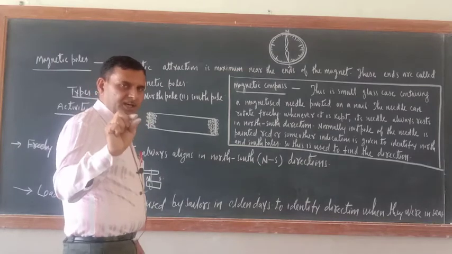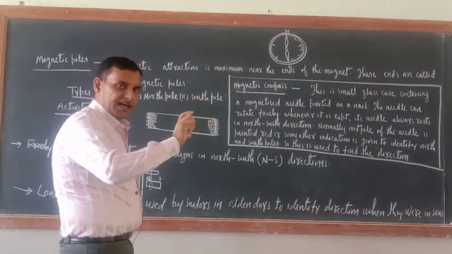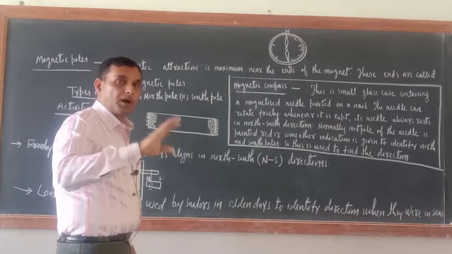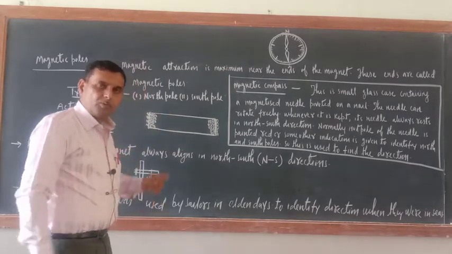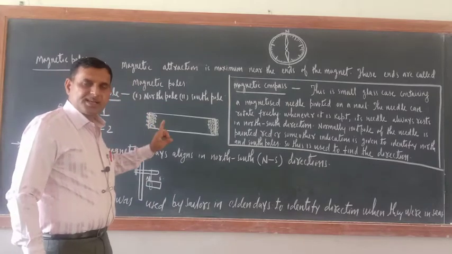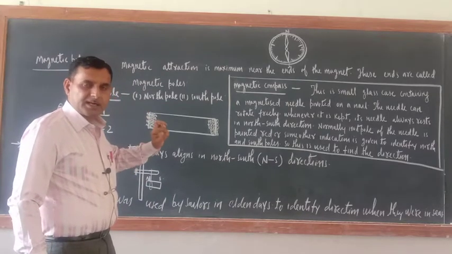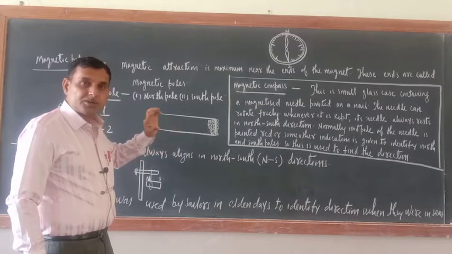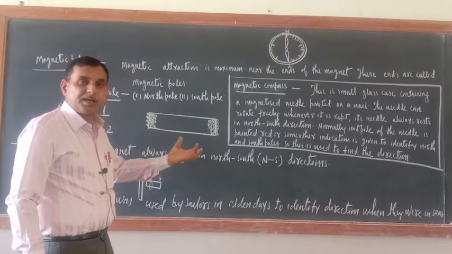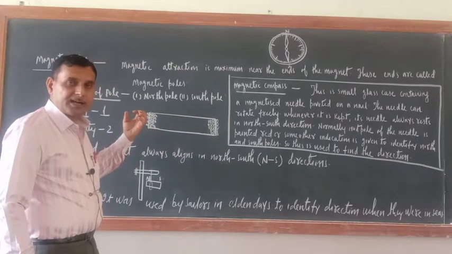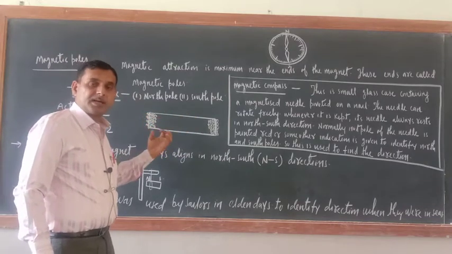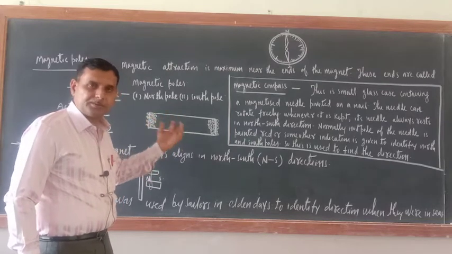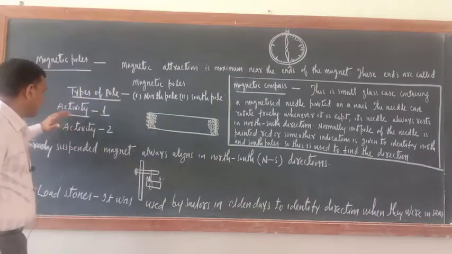But the materials which are attracted at the ends of the bar magnet do not fall down. What is the meaning of this? This activity tells that at the ends of the bar magnet there is a strong magnetic field, and the materials which get attracted to that side do not fall because of the strong magnetic field.